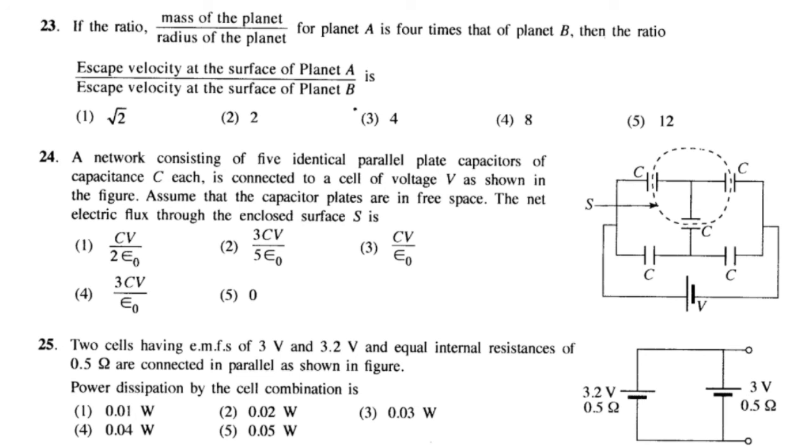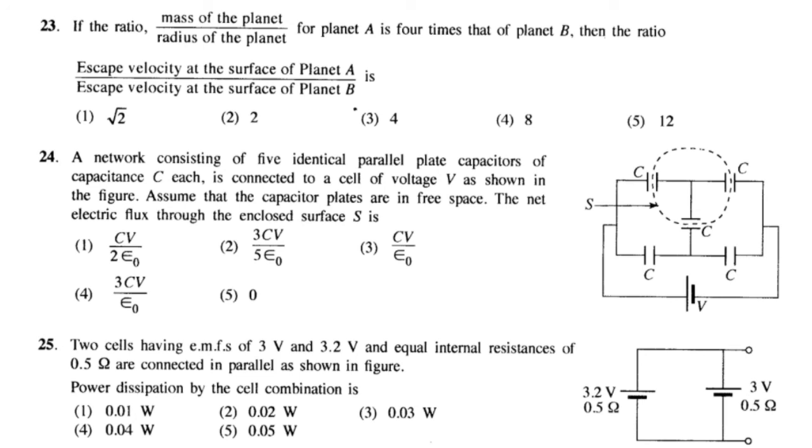Question number 24. A network of 5 identical parallel plate capacitors is shown in the diagram. They are asking for the net electric flux through the enclosed surface S. Electric flux is given by Q over epsilon naught.